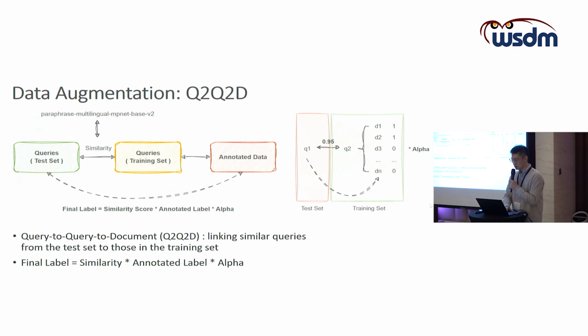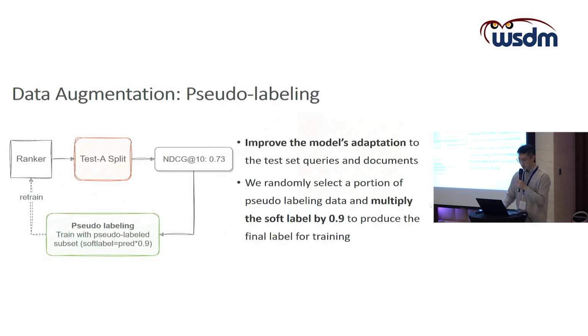We use pre-trained sentence transformers to calculate the similarity between the test and training set queries. Then we multiply the similarity score by the annotated labels and the hyperparameter alpha to generate the final label for the augmented data. The alpha is used to control any potential noise introduced, to avoid overfitting, and it is set to 0.9 in most of our experiments.